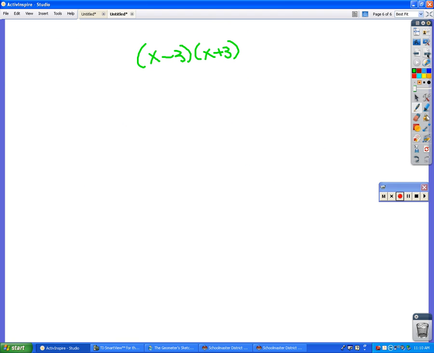Right, so that's what I'm showing you. Times x over x minus 3, this cancels with that, and that leaves me with x plus 3 times x. Why is the other one not canceled? The x is on top. I don't understand why it didn't cancel.